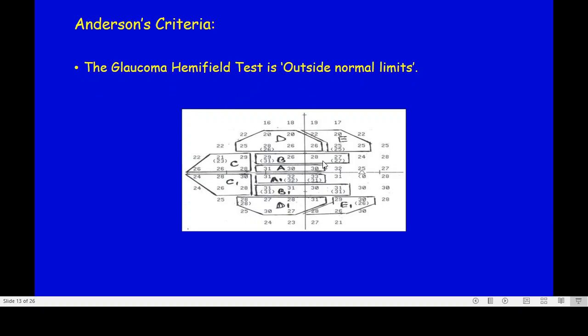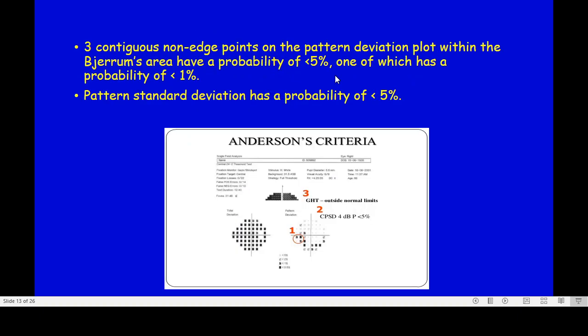What the autoperimeter does is it compares 5 predetermined points in the superior and the inferior field. These are the 5: 1, 2, 3, 4, and 5. The autoperimeter compares them. If there is any asymmetry between these two areas, then the glaucoma hemifield test is said to be outside normal limits. So this is the first criterion.